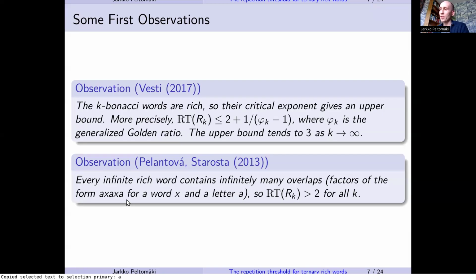So you have infinitely many factors like that. And that in particular means that this repetition threshold is always strictly greater than 2, no matter what your k is. So this is some sort of first observations about this problem.